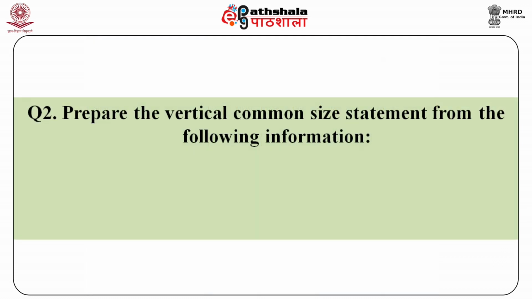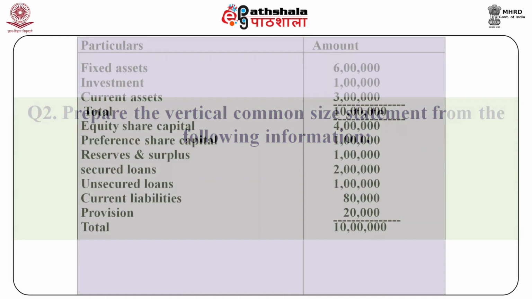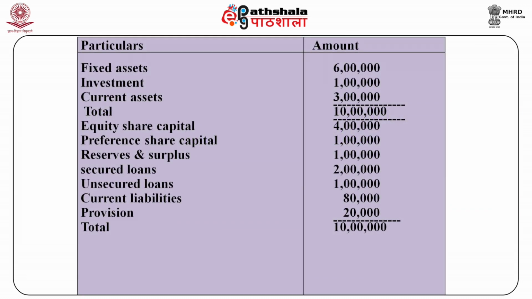Now we take another problem to prepare the vertical common size statement from the following information. We have fixed assets, investments and current assets as 6 lakh for fixed assets, investments 1 lakh, and current assets of 3 lakh, making a total of 10 lakh of assets.